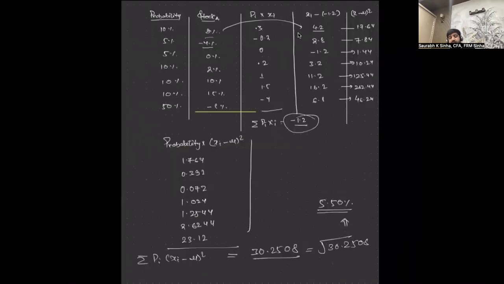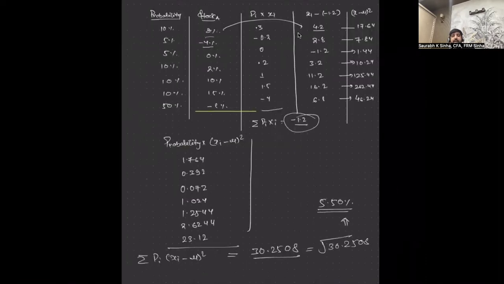So the assignment is you have the probabilities 10, 5, 5, 10, 10, 10, and 50. You have the stock returns. Now use Excel and try to find out whether the return is coming as minus 1.2% and whether the standard deviation is coming as 5.50%.